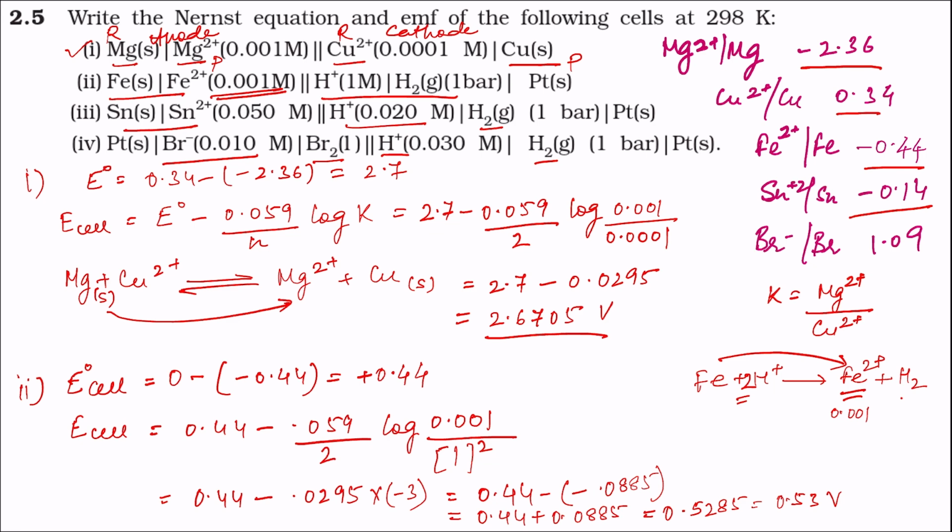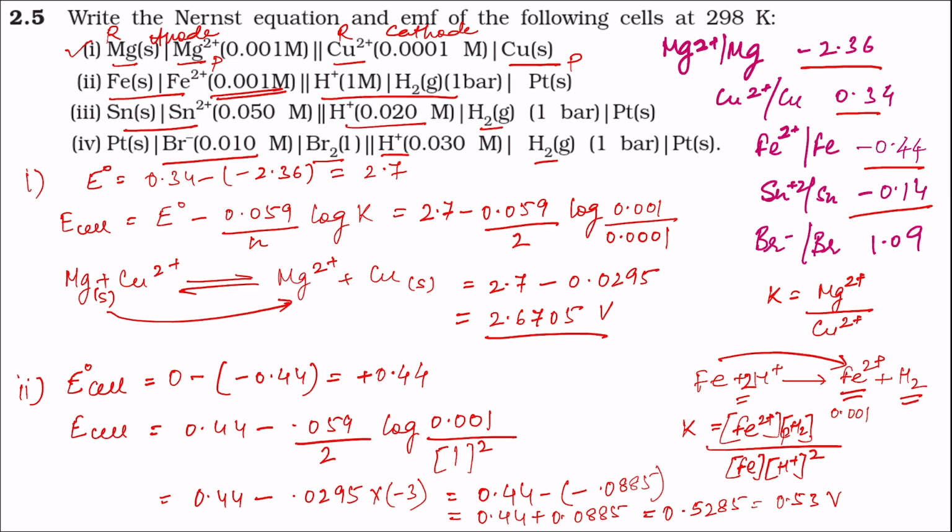For example, in the second question here, in the product side you have hydrogen gas. So when writing the expression of K, equilibrium constant, it can be written as Fe2+ multiplied by partial pressure of hydrogen, divided by concentration of iron multiplied by H+ ion concentration raised to the power 2.